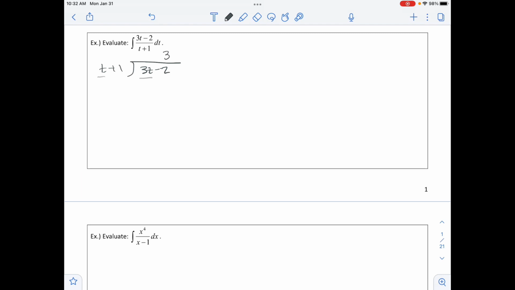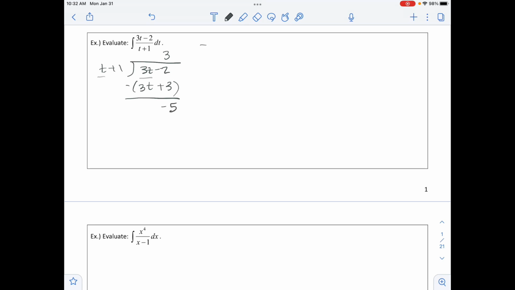So again, using long division, the denominator goes into the numerator. And also remember that if you're missing a term, we would always put a 0 as a placeholder. What can I multiply t by to get 3t? I would multiply that by 3. So I'm going to go ahead and write that down. And then multiplying 3 times t plus 1, I get 3t plus 3. And then we subtract. Make sure to distribute that negative sign through. And so your 3t's would zero out, and you'd have negative 2 minus 3 with a remainder of negative 5.